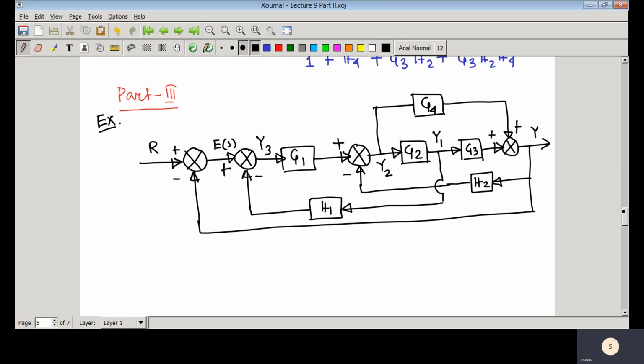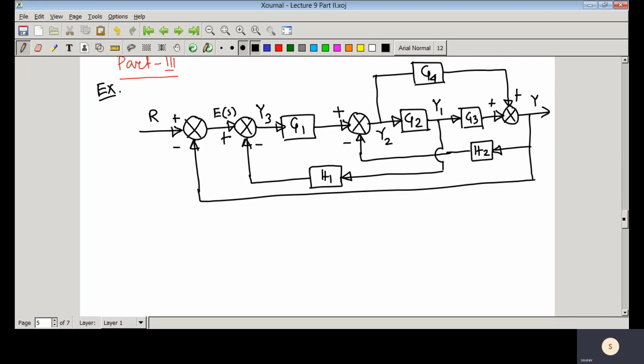So suppose you have this block diagram representation of a closed loop system. Now our objective is to present this closed loop control system using a signal flow graph. That means whenever a block diagram is given to you, how can you draw the signal flow graph? You know that in a signal flow graph, all variables are represented by nodes.